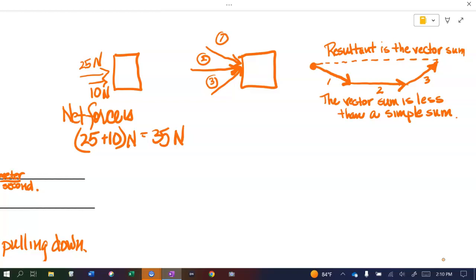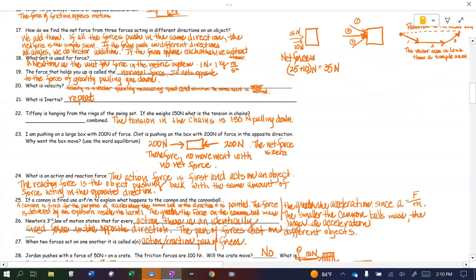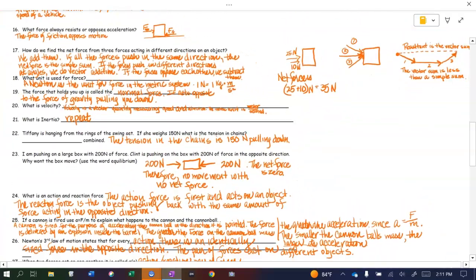Like we saw over here with a tall person and a short person pushing, but see how they did this at exactly the same angle. Whereas these guys, whatever force was acting here was coming from the bottom, this one was coming from the top, and this one was straight on. And so we would have to do a vector sum. All right, let's go down and see what else.